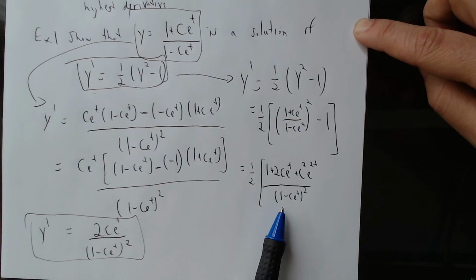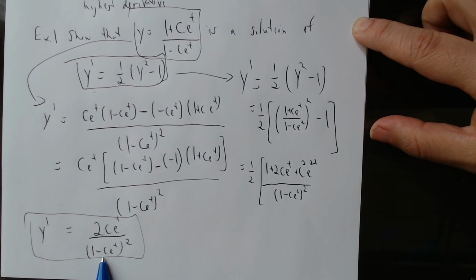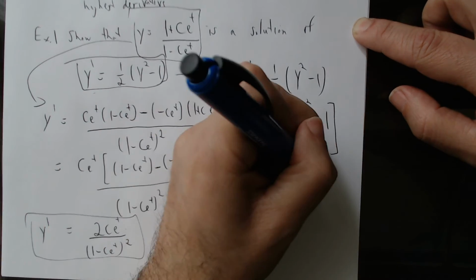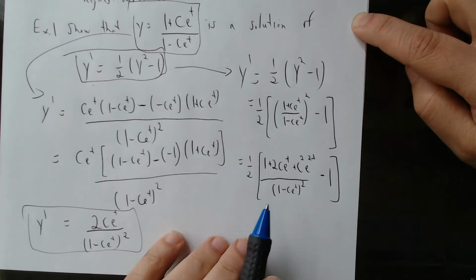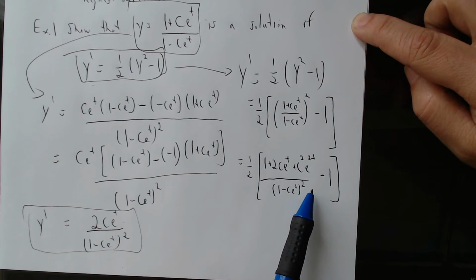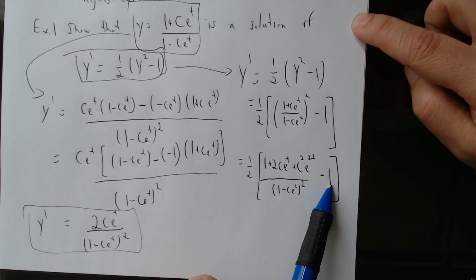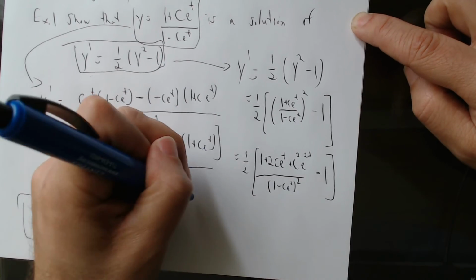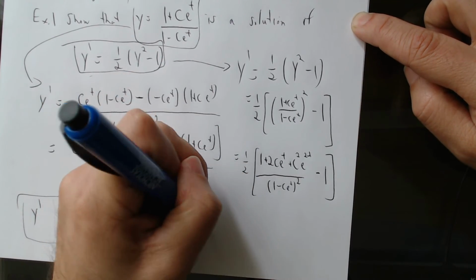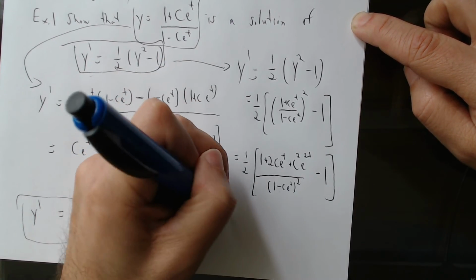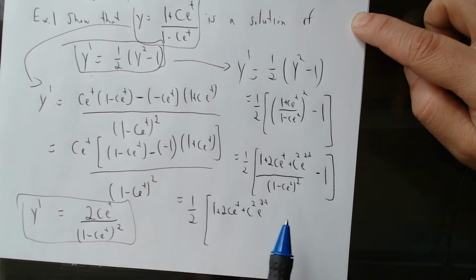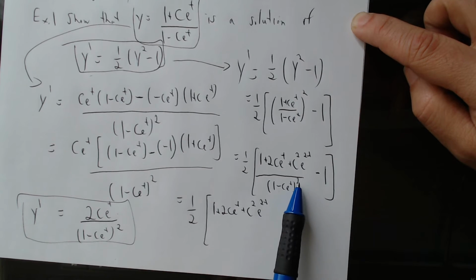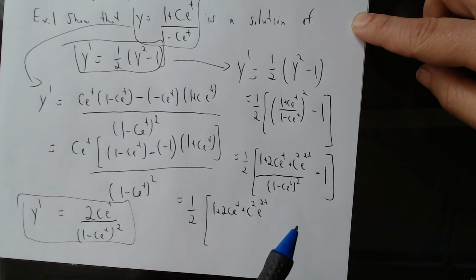Now, why didn't I distribute the bottom? Because look, this is already matching up with that, so I'm not going to mess with the bottom. This is minus 1. So now let's get a common denominator. The common denominator is just 1 minus ce to the t squared to the top and bottom, which gives me 1/2 times 1 plus 2ce to the t plus c squared e to the 2t. And if this is minus 1 times 1 minus ce to the t squared, what is that going to be?